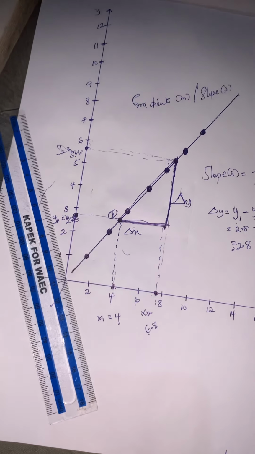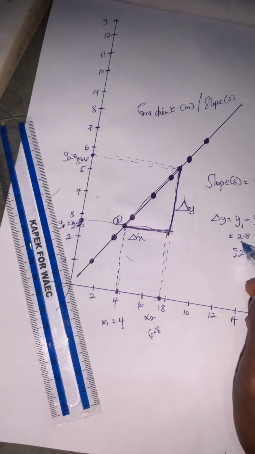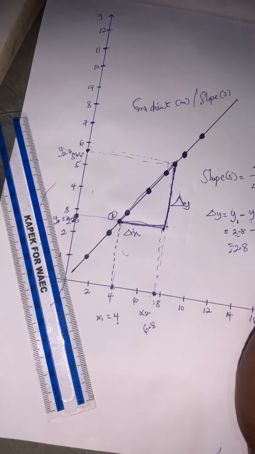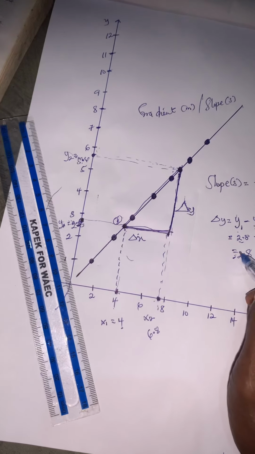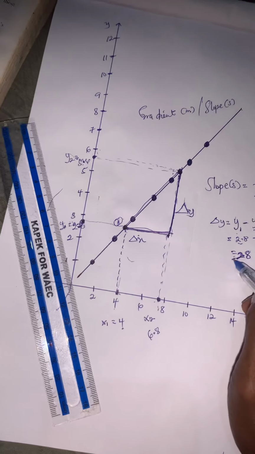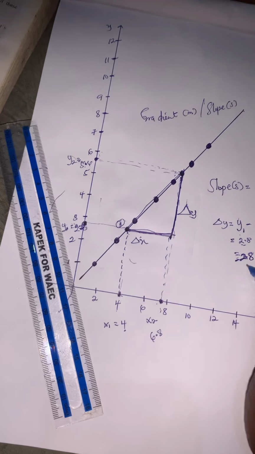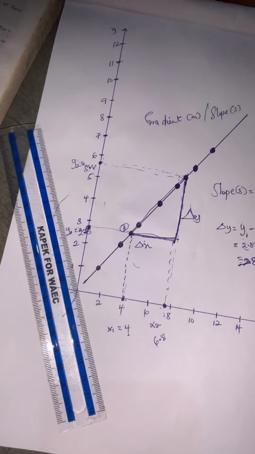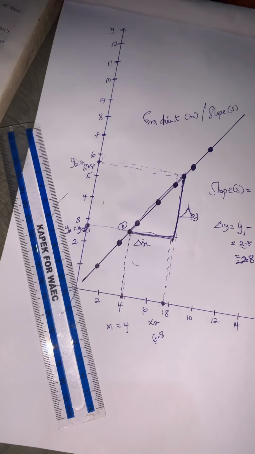It will be negative because the first value is smaller than the second value, so it will be a negative value. But don't worry about the negative because it will cancel out. So for changing y, we have minus 2.8.